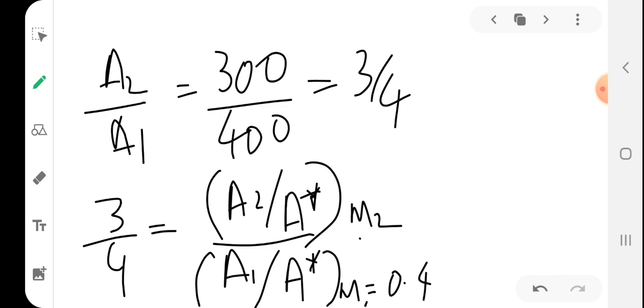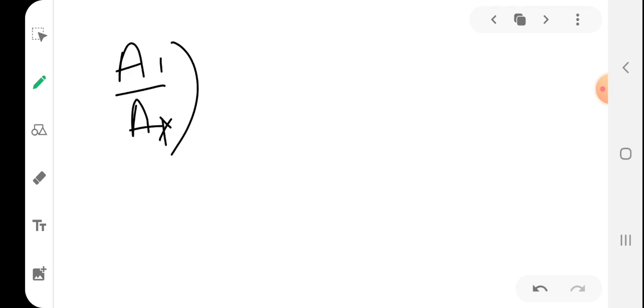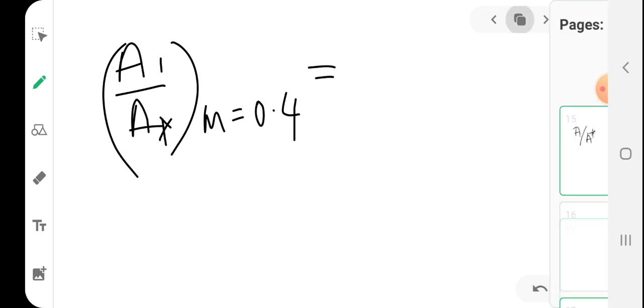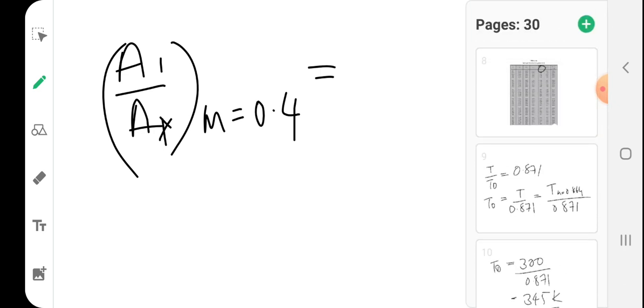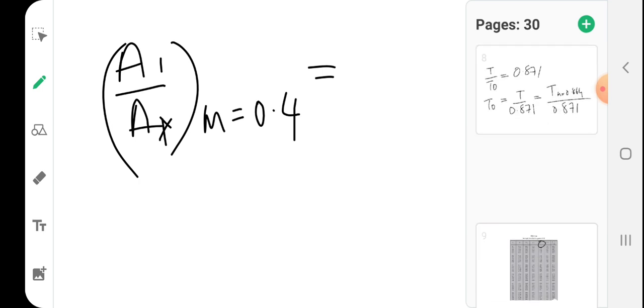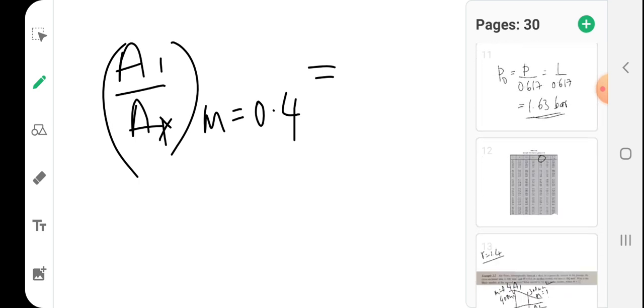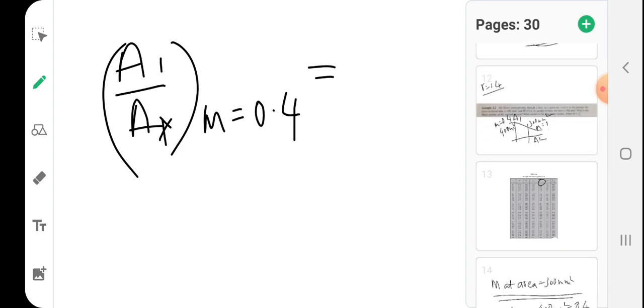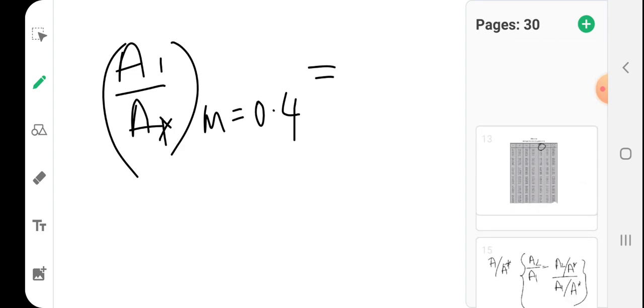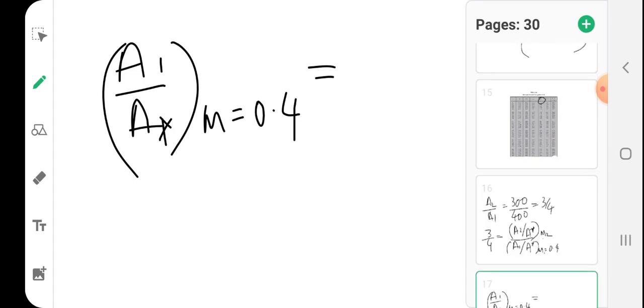So students, now use the gas table. A1 by A star, that is at Mach equal to 0.4, is obtained directly from the table. So bring the table here.